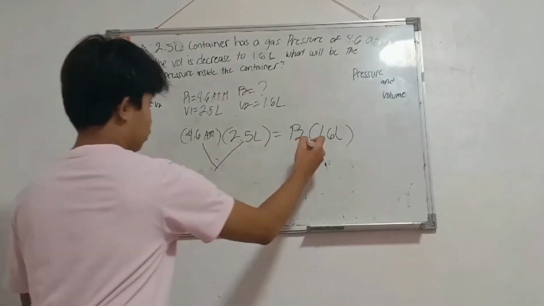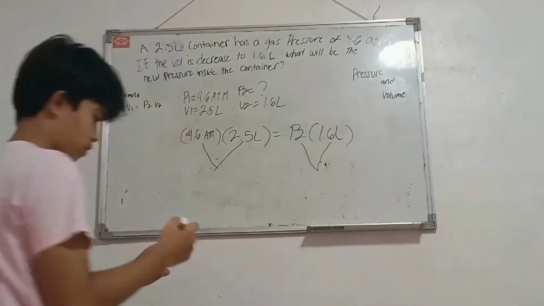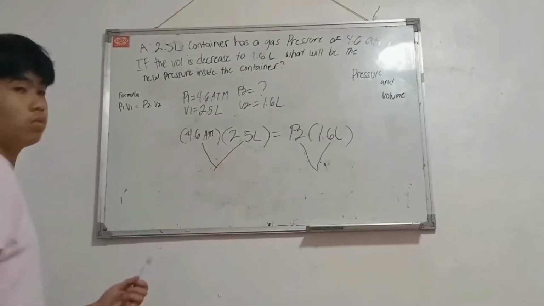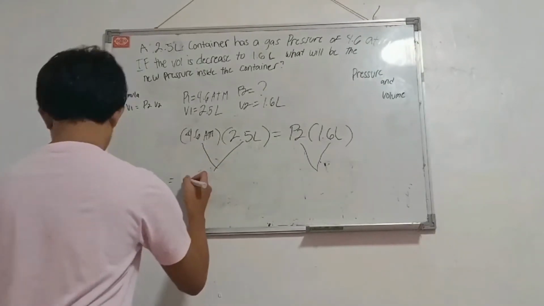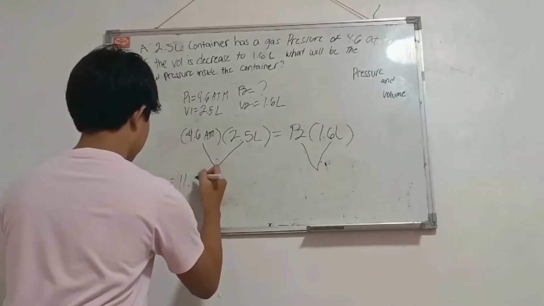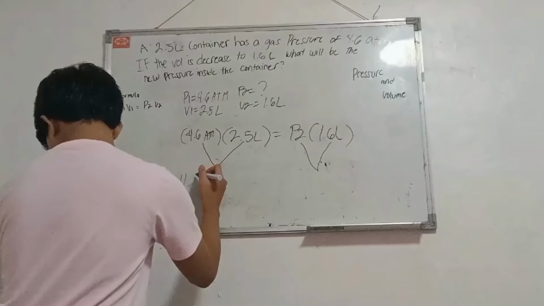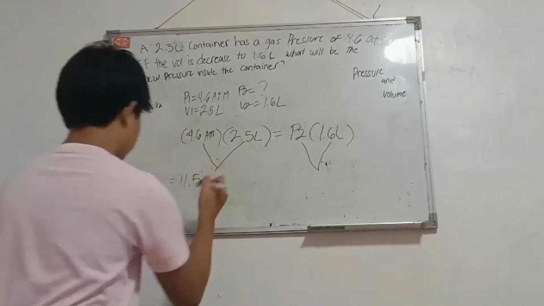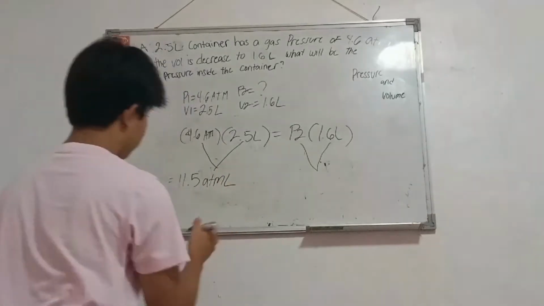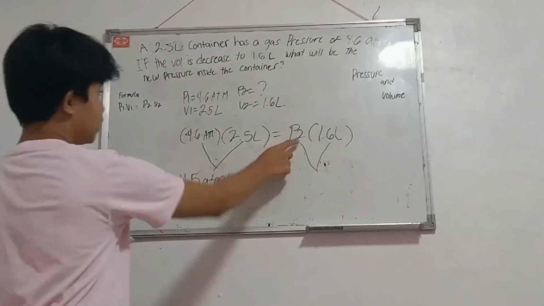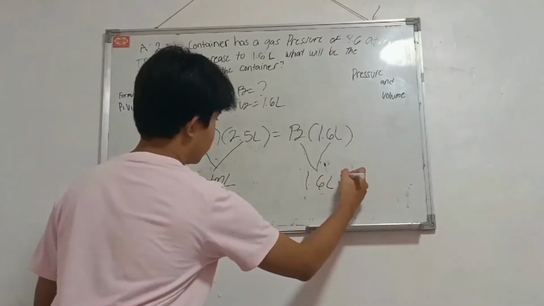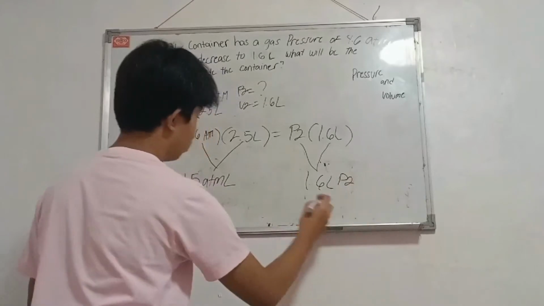After rearranging, let's multiply it. 4.6 atm times 2.5 liters is equal to 11.5 atm·L. And don't forget to write the unit. So, let's multiply P2 and 1.6 liters. Since P2 is missing, 1.6 liters is multiplied by it.